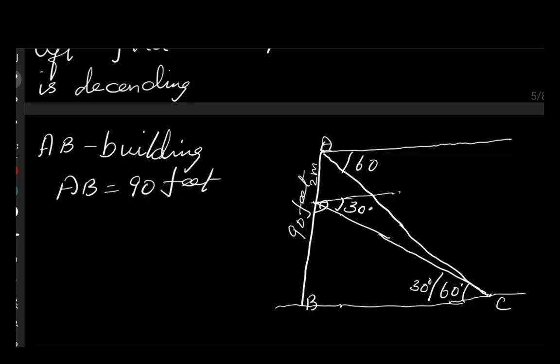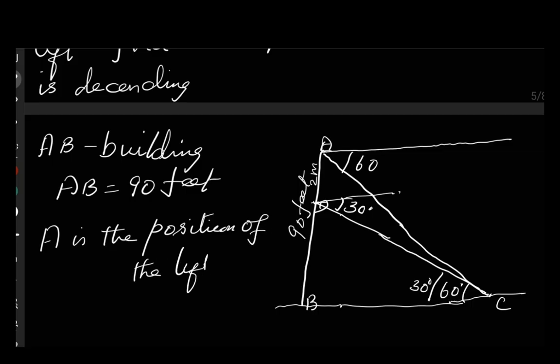A is the position of the lift on the top of the building, and C is the position of the fountain.